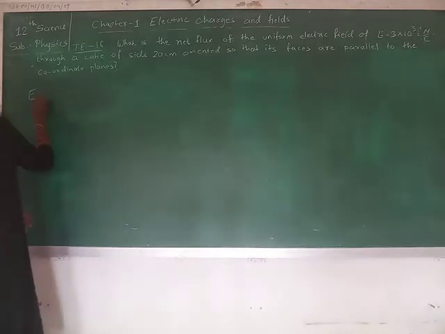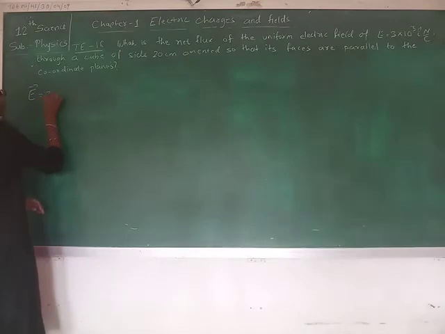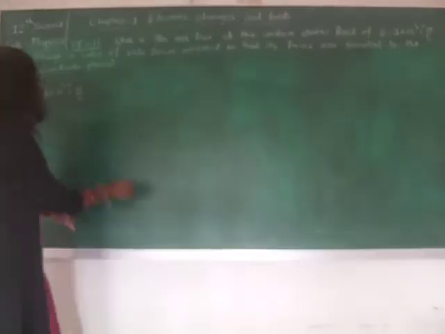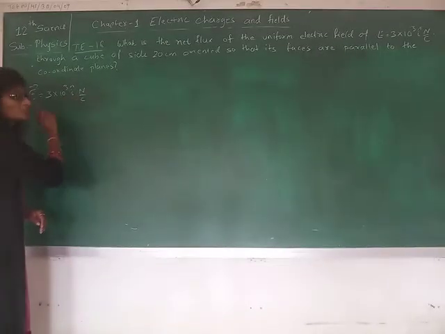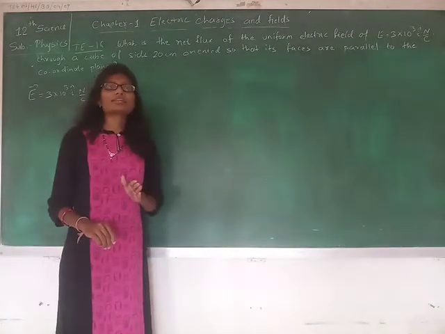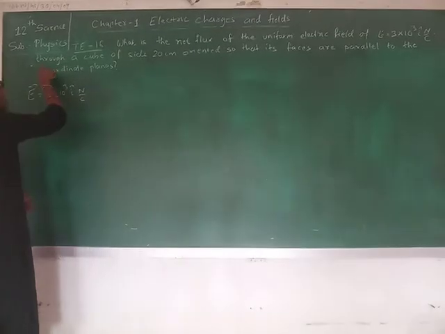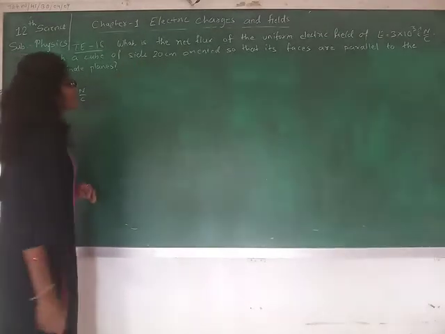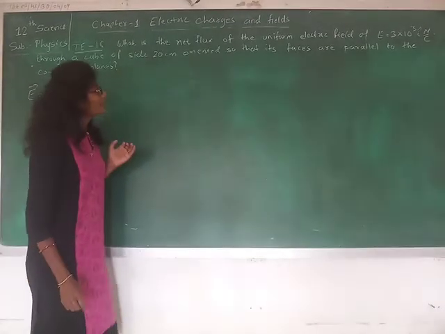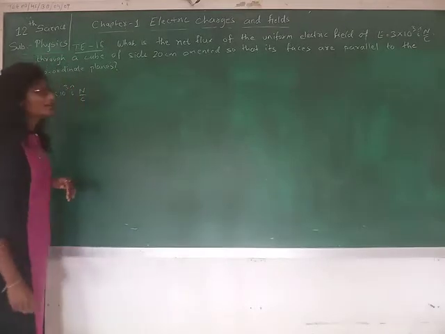That is E vector. Electric field is given as 3 into 10 raised to 3 i cap Newton per Coulomb. So magnitude of the electric field is 3 into 10 raised to 3 Newton per Coulomb. Here the unit vector i shows that the electric field is along the positive x-axis through a cube of side 20 centimeter and it is oriented so that its faces are parallel to the coordinate planes.